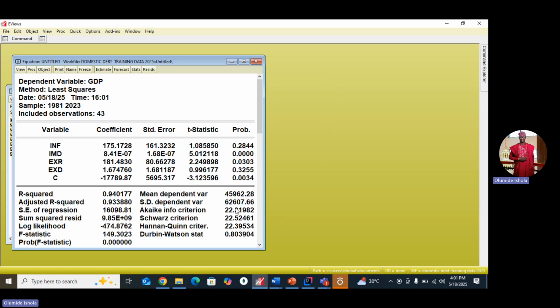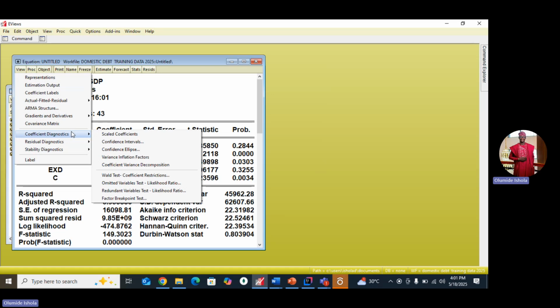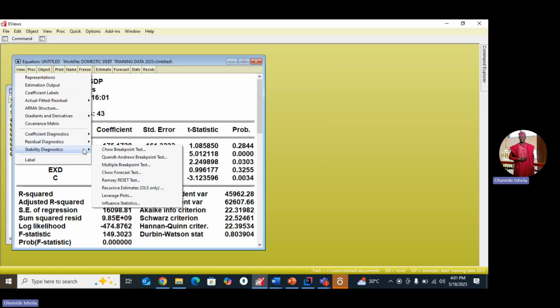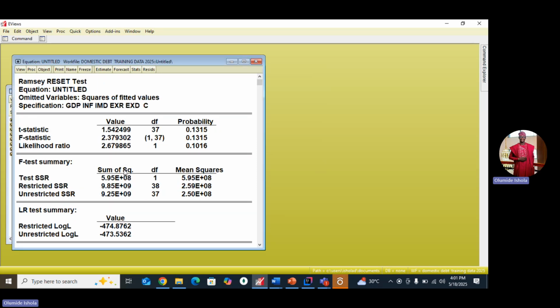Imagine my Durbin-Watson is 0.9, or 0.8. I'm already seeing some problem ahead of time. Will this thing work like this? I check my Ramsey specification error, and I find that I'm well specified.